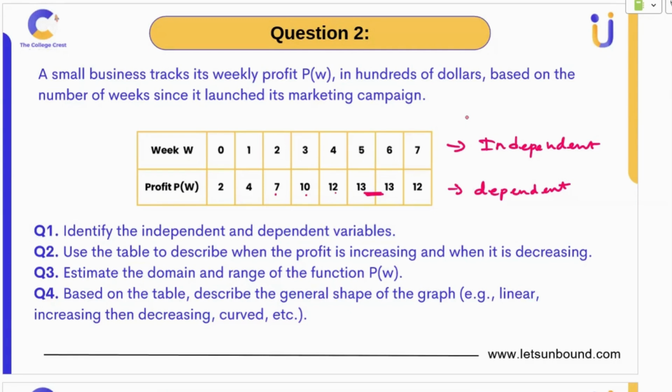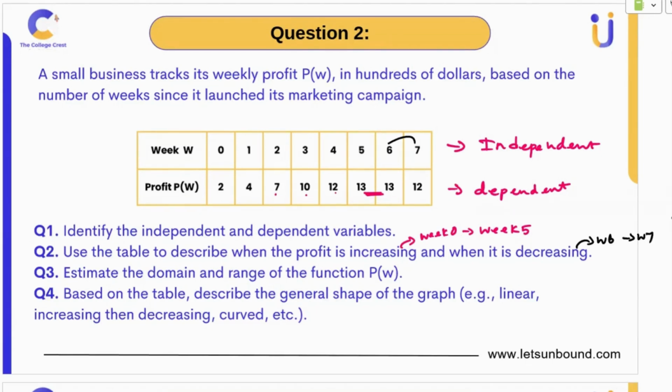So week 0 to week 5, it's increasing. And also we can see 6 to 7, decreasing. When it is decreasing, you can't say 5 to 7 because 5 to 6, there was no change, neither increase nor decrease. So week 6 to week 7, it's decreasing.